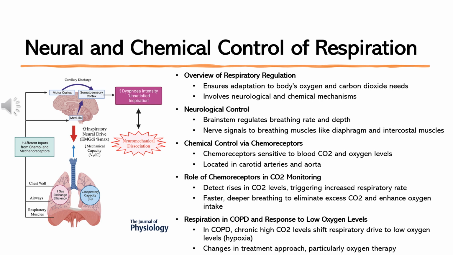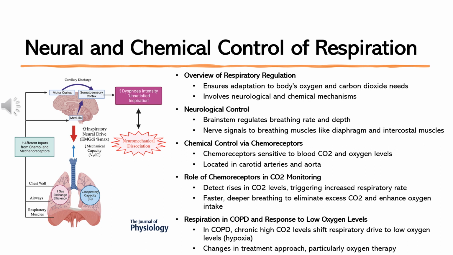This is when the chemoreceptors come into play. Chemoreceptors are special sensory receptors that are sensitive to chemical changes in the blood, particularly carbon dioxide and oxygen levels. Chemoreceptors that are located in the carotid arteries near the neck and the aorta, the main artery leaving the heart, constantly monitor the blood CO2 levels.